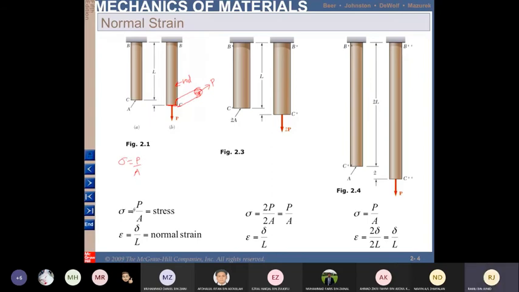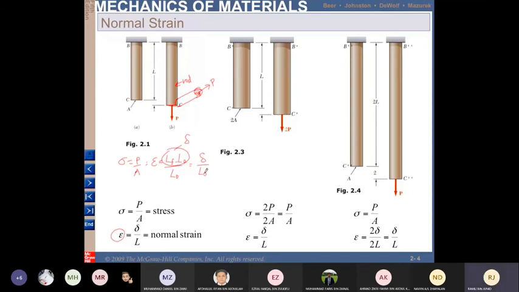Okay, and you know that strain is equal to length final minus length original over length original. Okay, or it can be written as delta. That means the perubahan, the changes, equal to delta over L original.